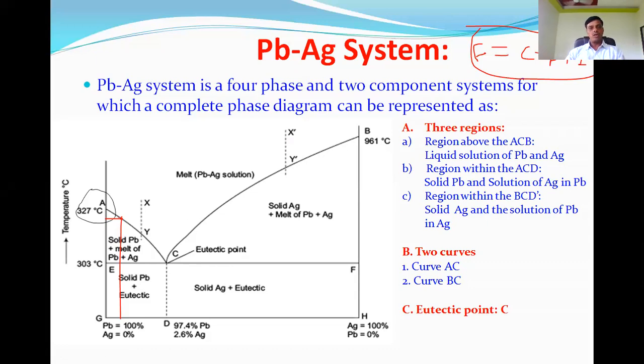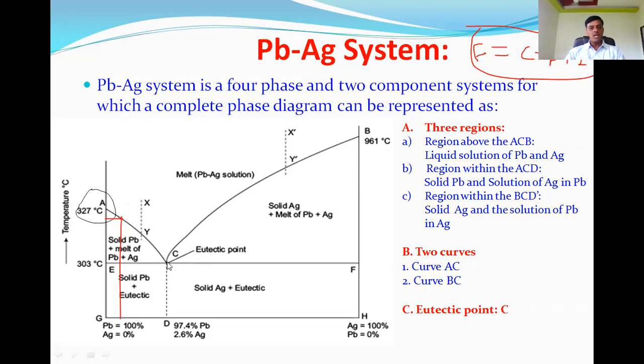And the last portion of this system is the eutectic point. The eutectic point, the point where all the three phases, किंवा आपण असे डिफाइन करू शकतो, the eutectic point in the phase diagram is the point where the curve AC and curve BC meet, where all the three phases exist in equilibrium. म्हणजे या फेज डायग्राम मधला असा एक पॉइंट जिथं कर्व AC आणि कर्व BC जॉईन होतात आणि तिथं तिन्ही फेजेस एकमेकाच्या इक्विलिब्रियम मध्ये एक्झिस्ट राहतात.